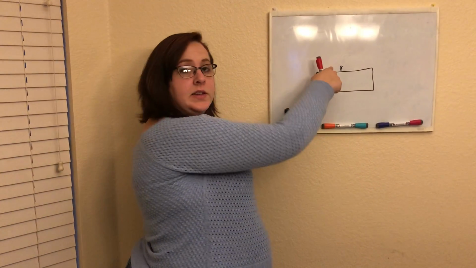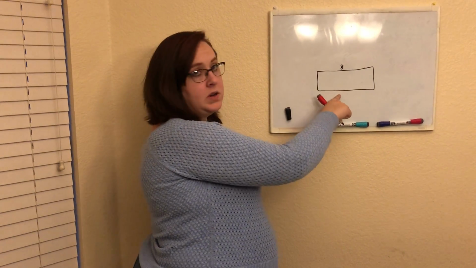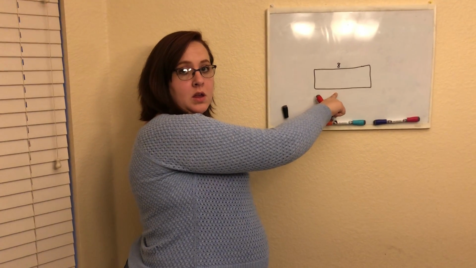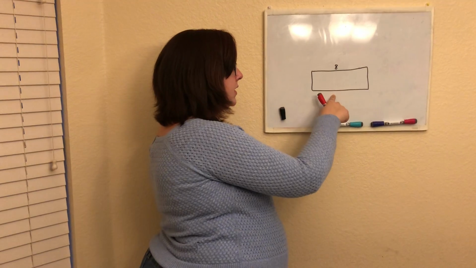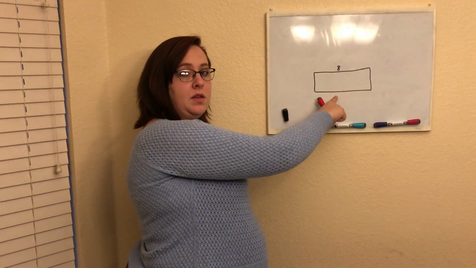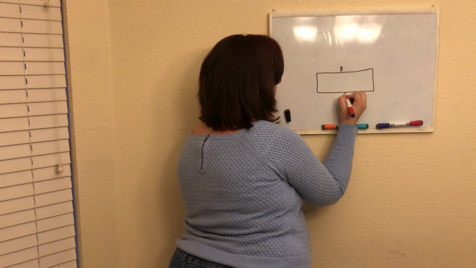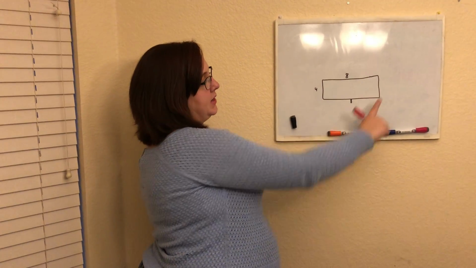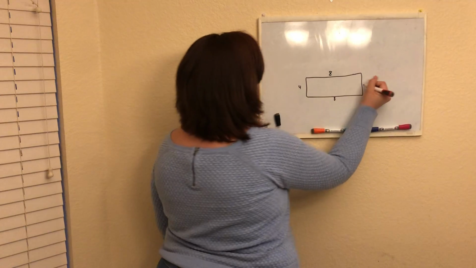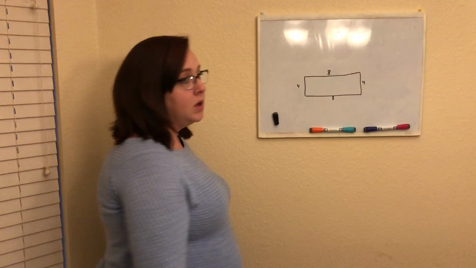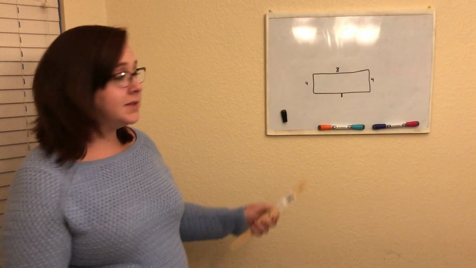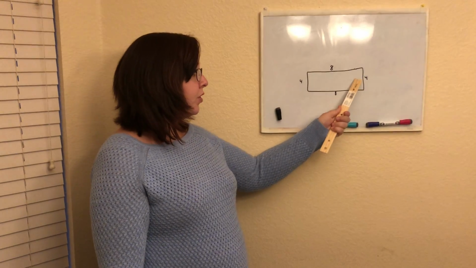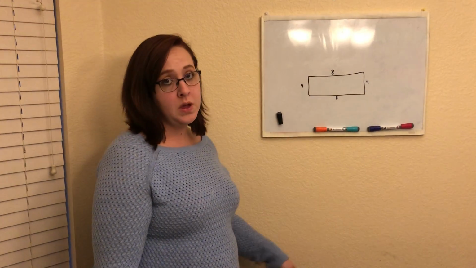If this side is 8 over this side, what does that mean? That they have to be the same. So what does that make this side length? 8. Good job. And if this side is 4, what is this side? It has to be 4. Good job. So the perimeter is a measure of all 4 sides together.